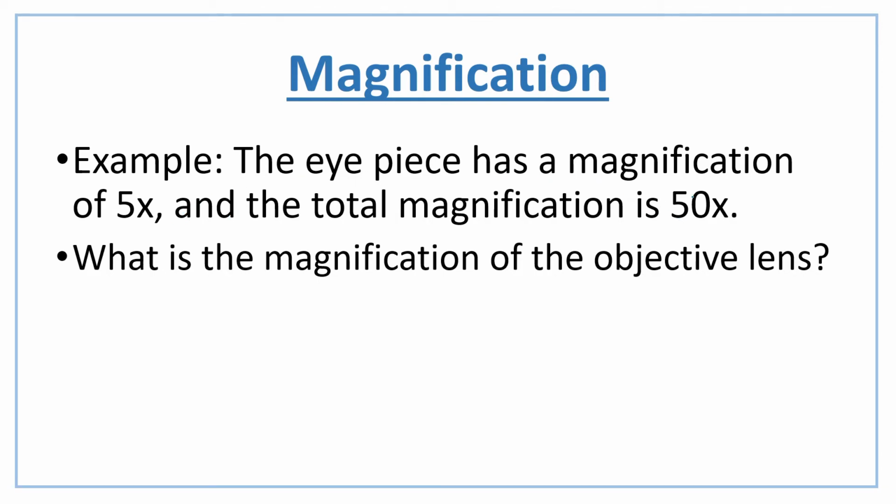One more example, we have the eyepiece is a magnification of 5 and the total magnification is 50. It now wants you to calculate the magnification of the objective lens. So you have your eyepiece times objective equals the total magnification. So we know that it's 5 times something equals 50.